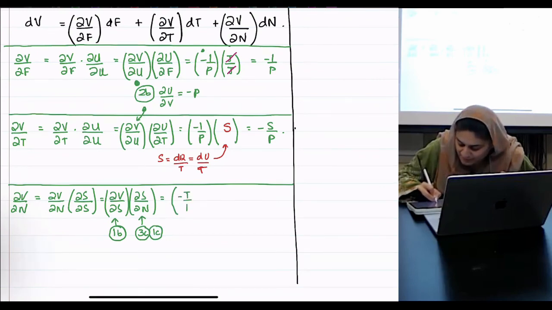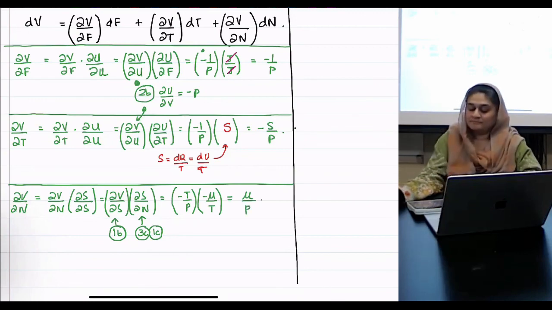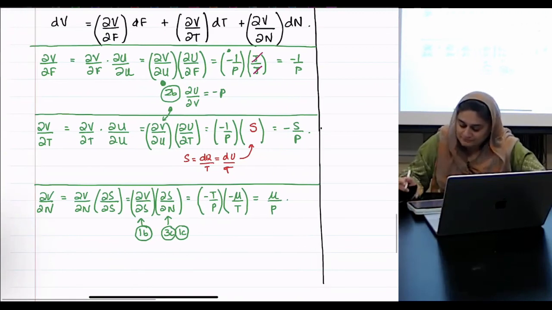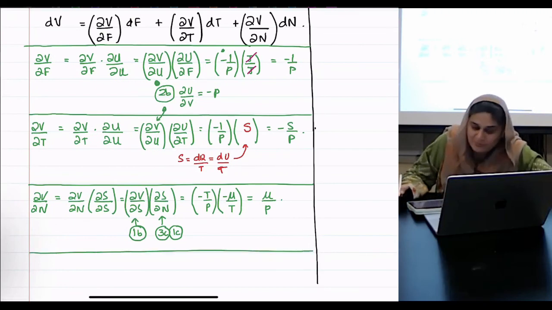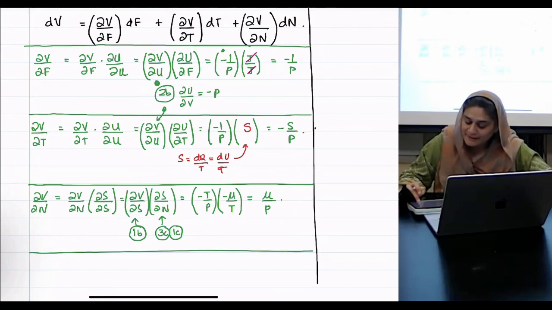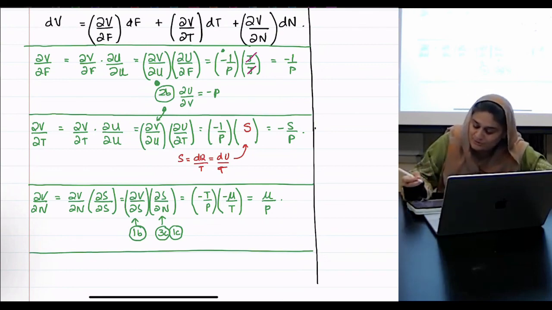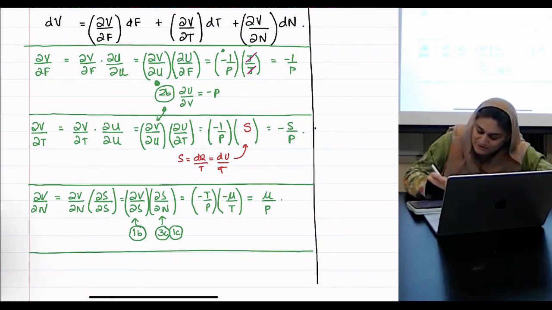Minus T over P and minus mu over T, or mu over P. Which gives me what?